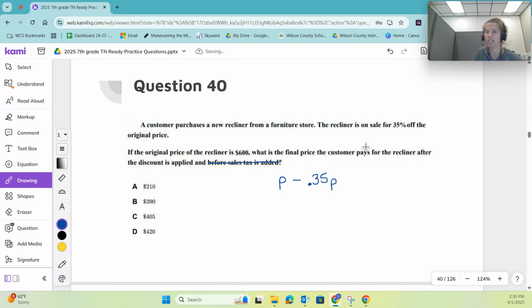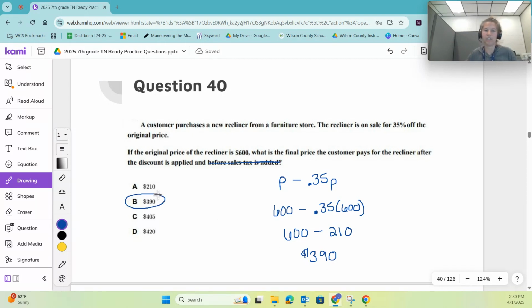This is just like question 37 we just did, and the original price was 600, so we're going to take that minus 0.35 times 600. 0.35 times 600 is 210, so we're doing 600 minus 210, which is going to give you $390, which makes B our correct answer. And that's question 40.